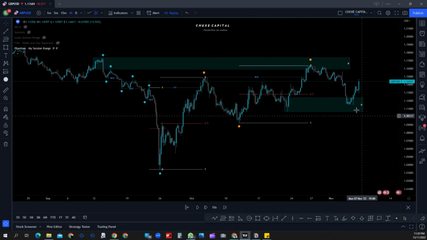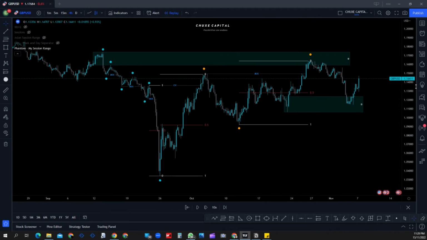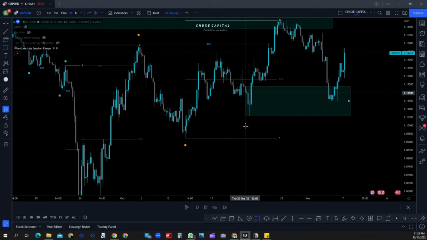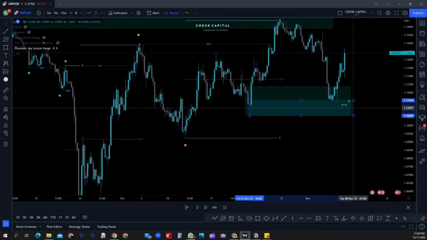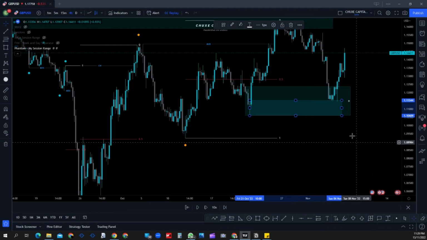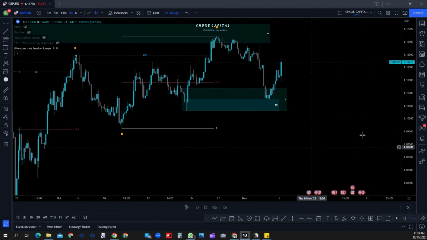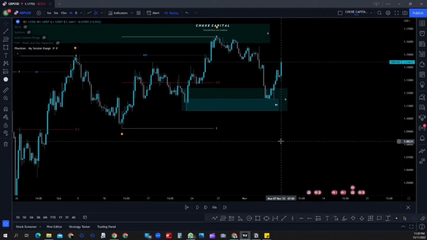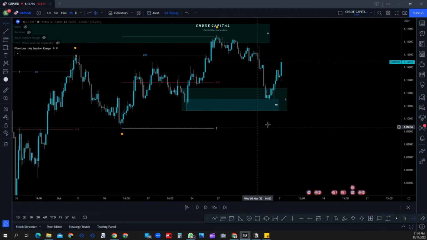Price had come and tapped into this 4-hour OB, and then gave up that reaction. So we're currently where we are at the moment. Price is doing this upward move.